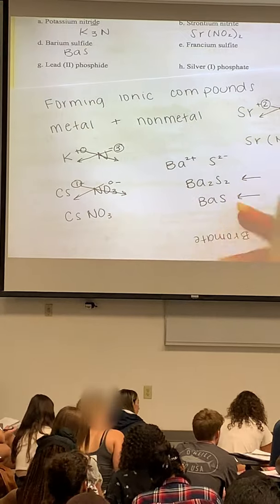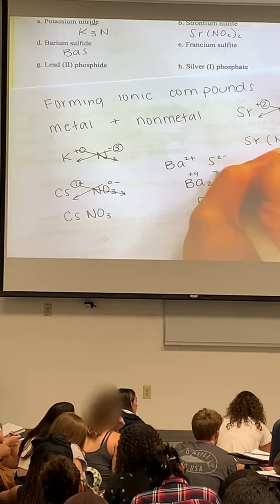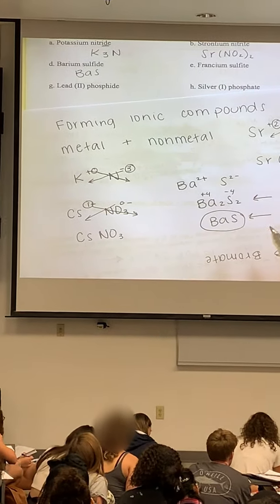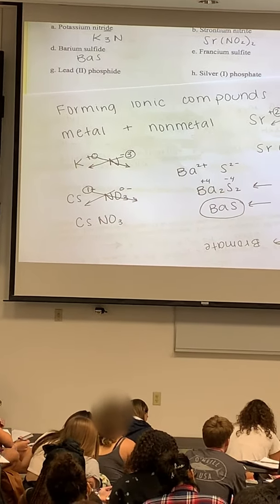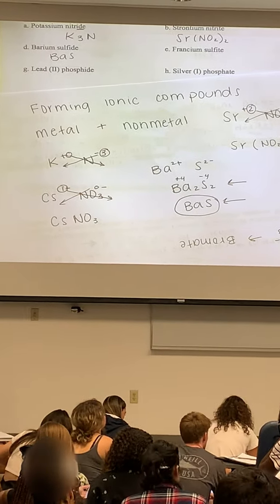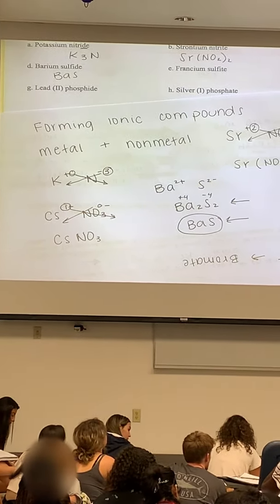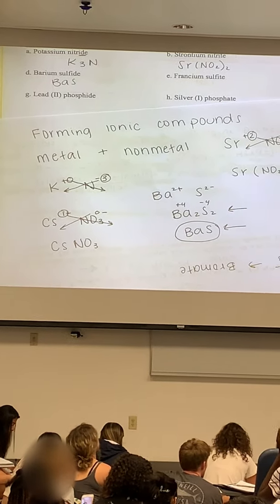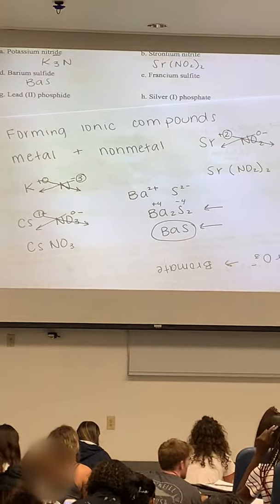This is saying we need a +4 charge total and a -4 charge total, but we can accomplish the same thing with just 1 of each. That's why we simplify the subscripts in ionic compounds, not in molecular compounds. If you simplify the subscripts in a molecular compound, what does that give you? The empirical formula. And we will talk about that a little bit later, but yes.